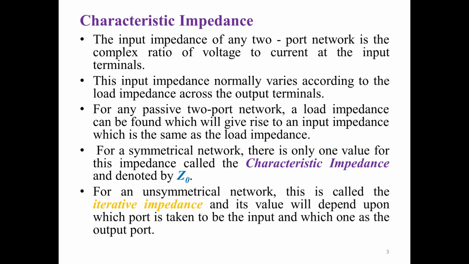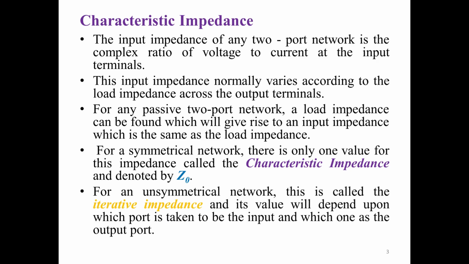When studying two-port networks, two parameters are very important: the characteristic impedance of the network and the insertion loss. We'll be considering the characteristic impedance and insertion loss much later.